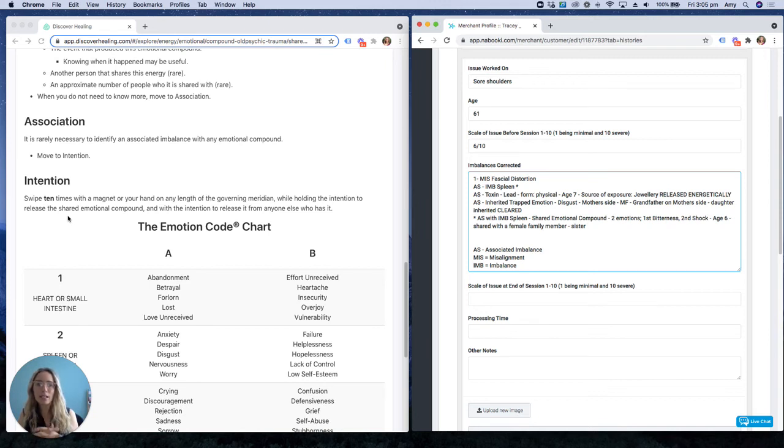So I'm going to set the intention to release this shared emotional compound now. Okay, so that one has been cleared.